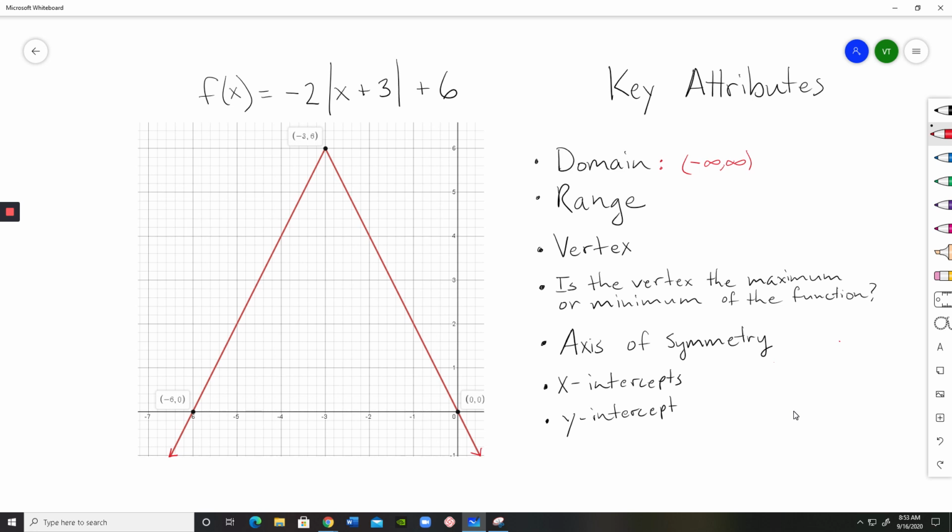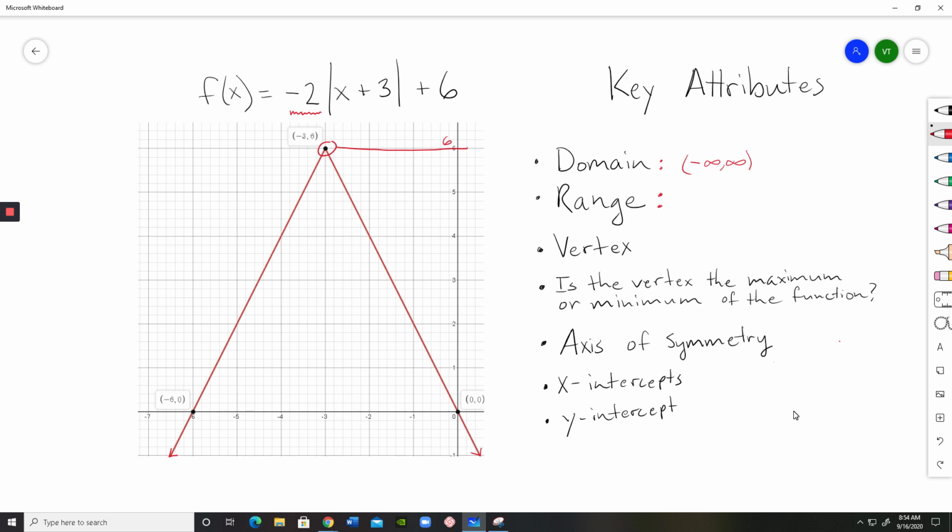The range, of course, is different. The range is either going to have a maximum value or a minimum value depending on the graph. And so we can see in the equation, a is negative, which means that we're going to be opening downwards, and you can see in the graph that we are in fact opening downwards, which tells us that our vertex is at the top of the graph, which means that the maximum y value is 6.